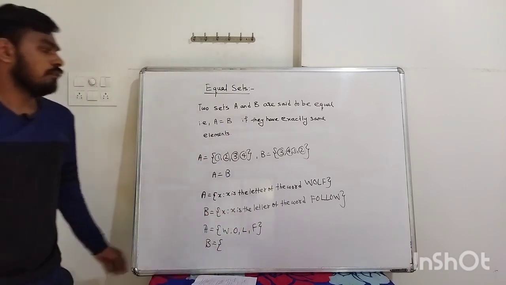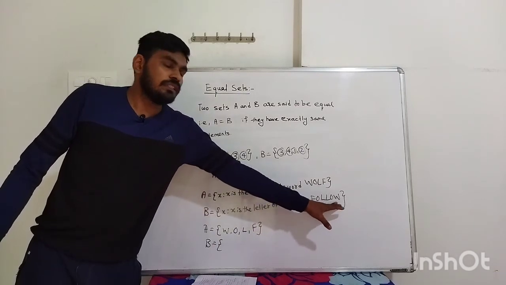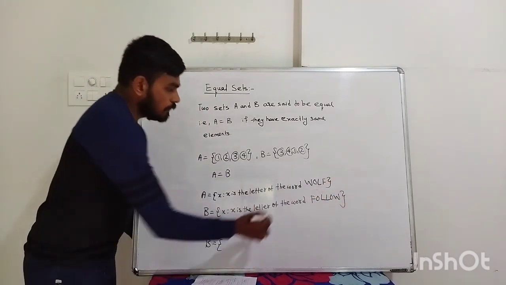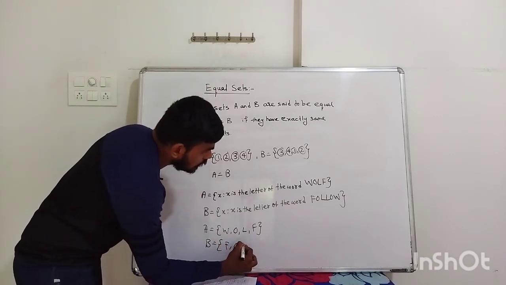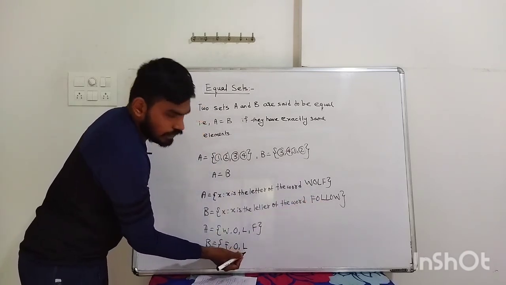And for B, FOLLOW has 6 letters in it, but some are repeating. So first one is F, second one is O, third one is L, and again since L is repeating, we don't write L again.